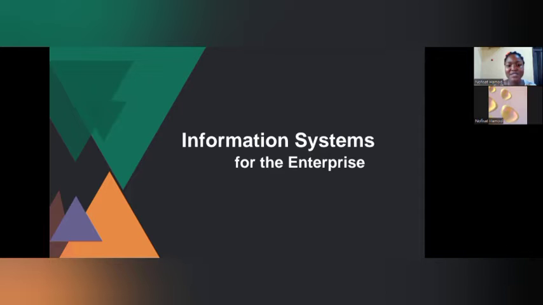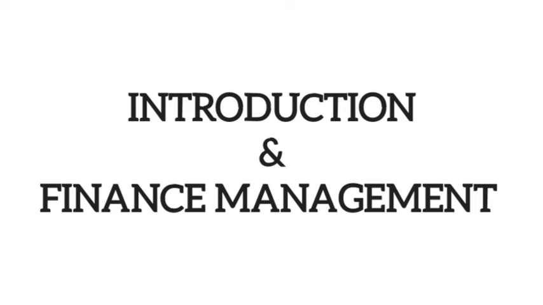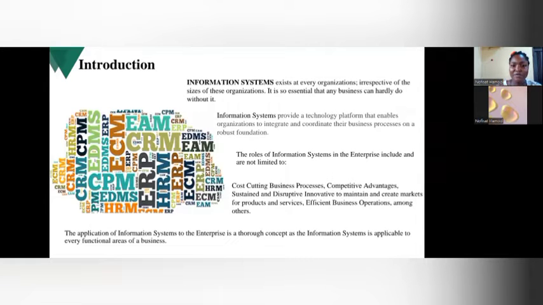The topic before me says information system for enterprise. The information system exists at every organization, irrespective of the size of the organization. It is also essential, and any business can hardly do without it.